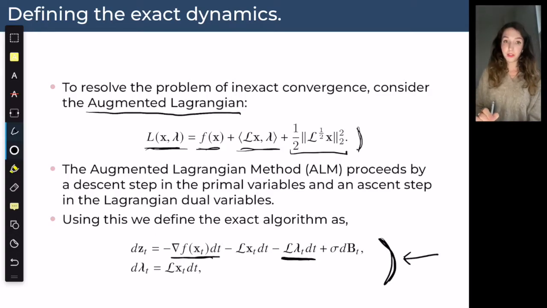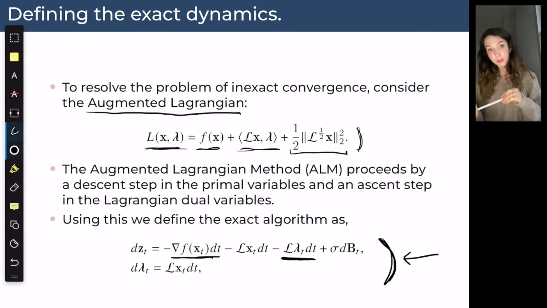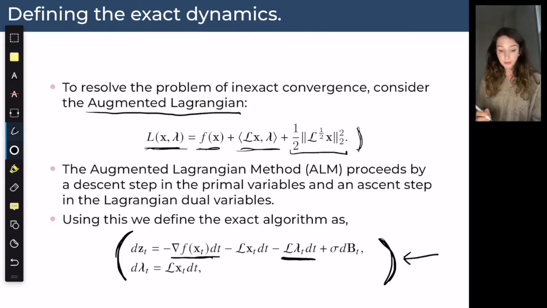Now, how do we go from this augmented Lagrangian to the dynamics that we have here? The augmented Lagrangian method proceeds by a descent step in the primal variables and an ascent step in the dual variables. And specifically in our case, if we define this ascent-descent step with the Bregman divergence, then we would be able to get these exact distributed mirror descent dynamics. So they are given by the evolution of zt, which is pretty much what we have seen before, except, as I said, we have this additional lambda term in our dynamics.